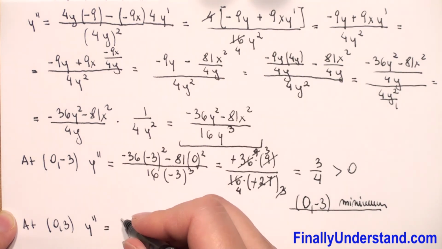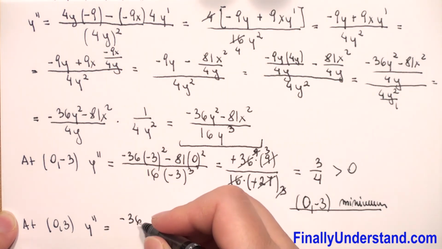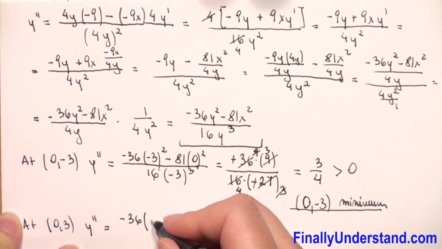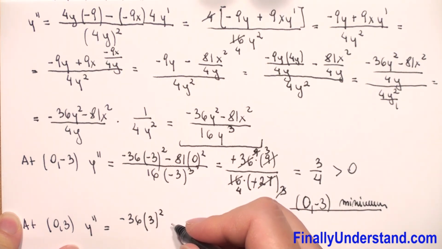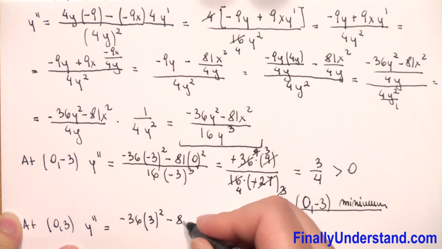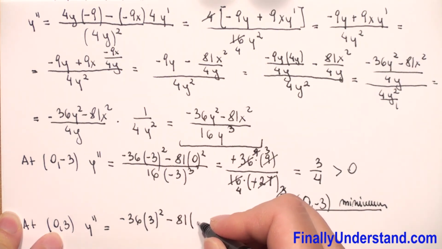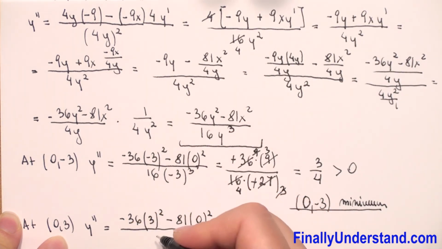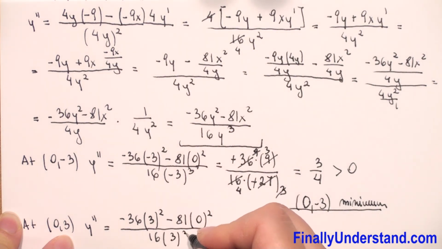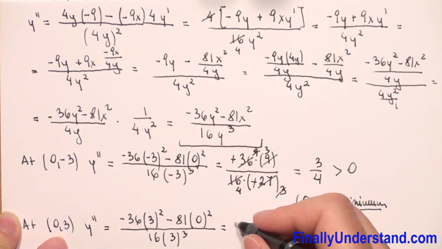So it will be negative 36 times y squared, so it will be 3 to second power, minus 81 times 0 to second power over, we have 16 times y to third power, so will be 3 to third power. So this is equal.